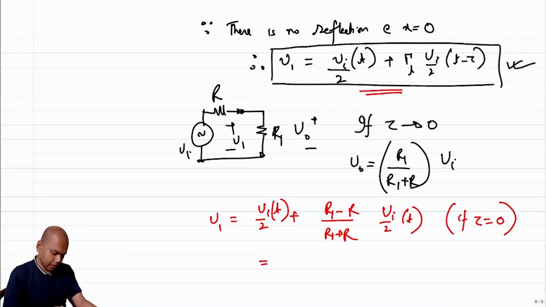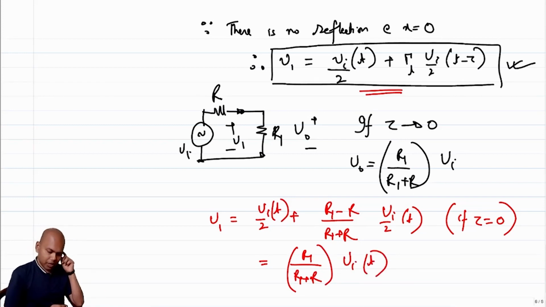So this is again nothing but R1 by R1 plus R times Vi, right? So you see both the transmission line picture and the lumped element picture converge when the transmission line length goes to 0, right?